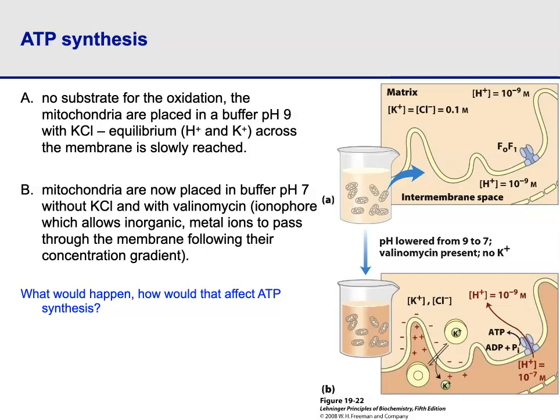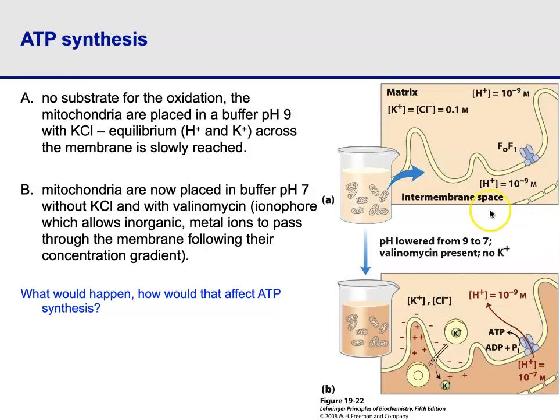Here's another proof. I really like going over these figures because they're so logical, and they help you think and make logical connections and see the thought flow that is used to prove the connection between electron transport and ATP synthesis.